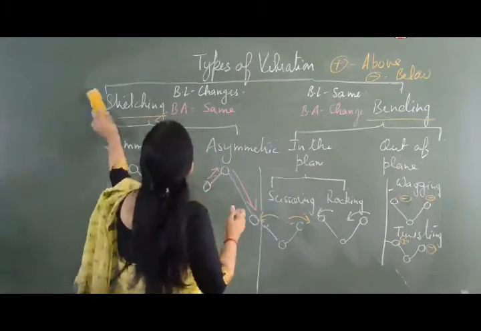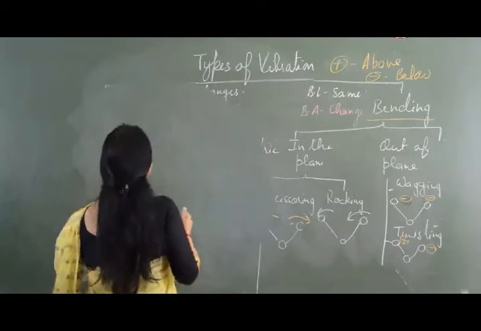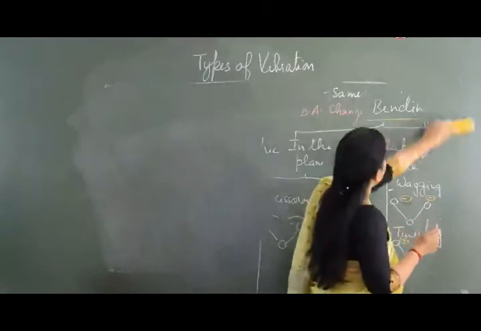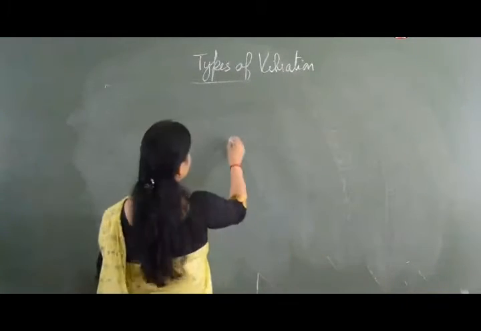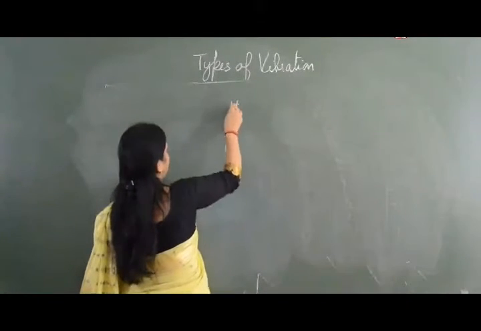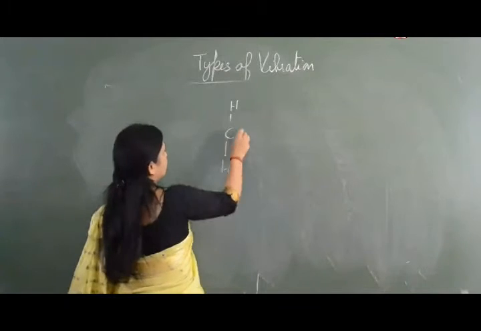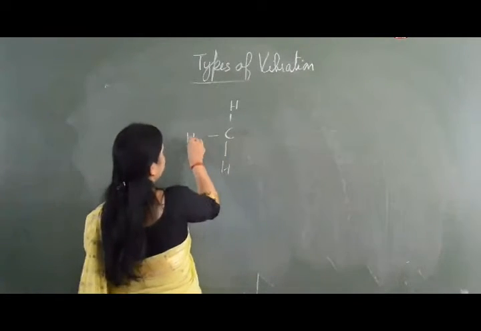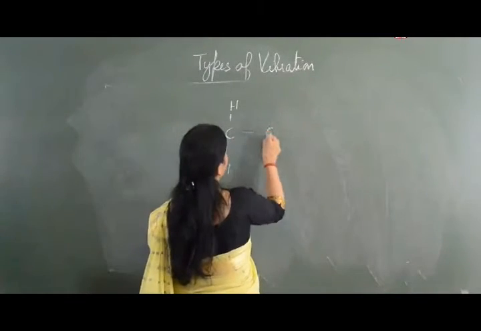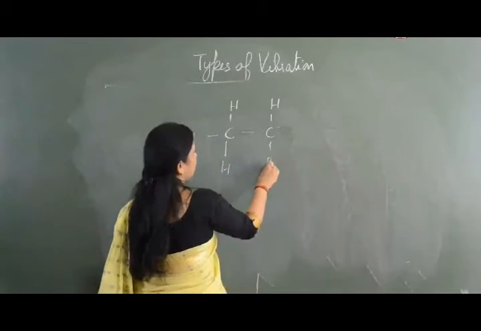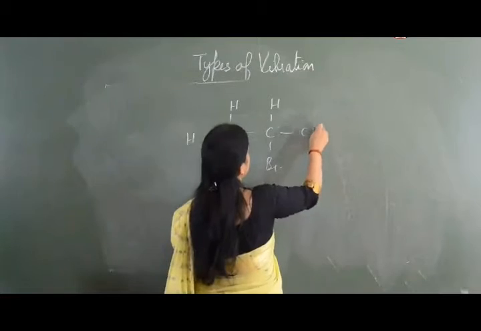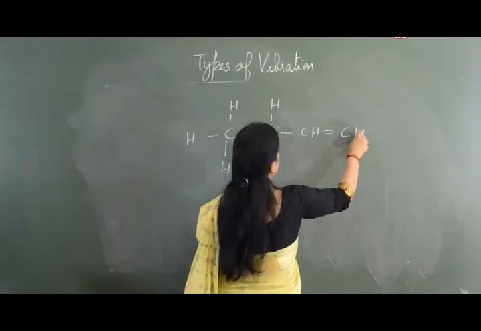Now to know how we are going to do this, suppose I have this molecule, Br, then CH double bond CH2.